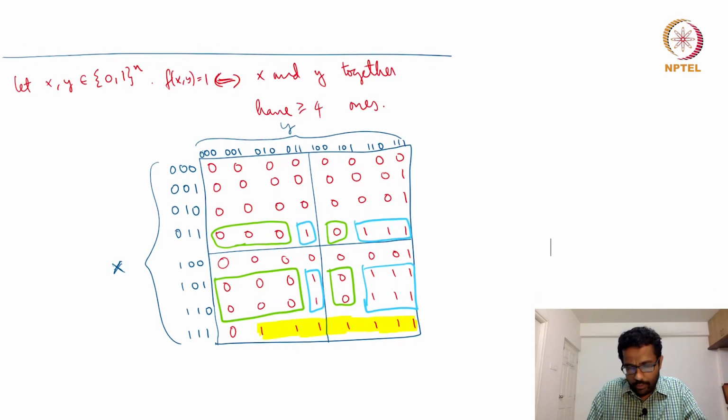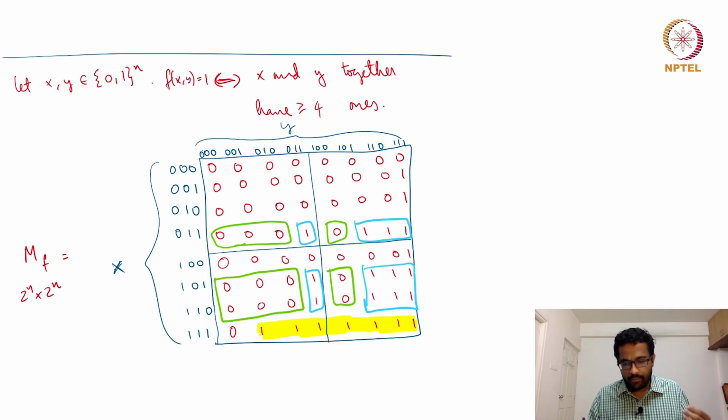So in this situation, or in any situation, we can define what is called the matrix of the function. Okay, so I'll call it, let's say, M subscript f. This is a 2 power n by 2 power n matrix, right? As you can see what is happening here. The rows are indexed by Alice's input x and the columns are indexed by Bob's input y.